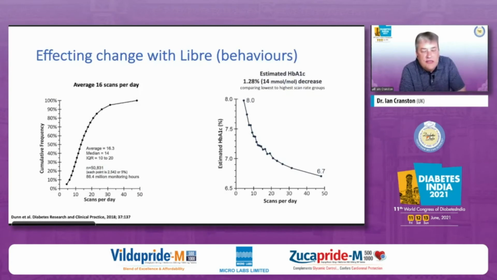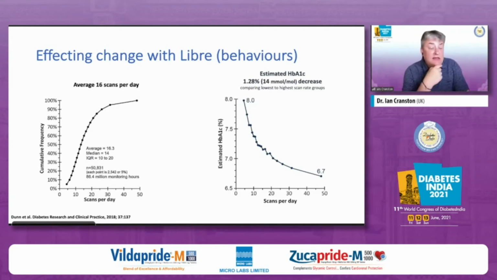Now, one of the reasons I think this is a very powerful phenomenon, as we've seen, is that this is data from Libre, and a lot of my data will now come from Libre, being the commonest device out there. We know that people will look at the data with a sensor far more often than they would do finger stick tests, and that's perhaps understandable.